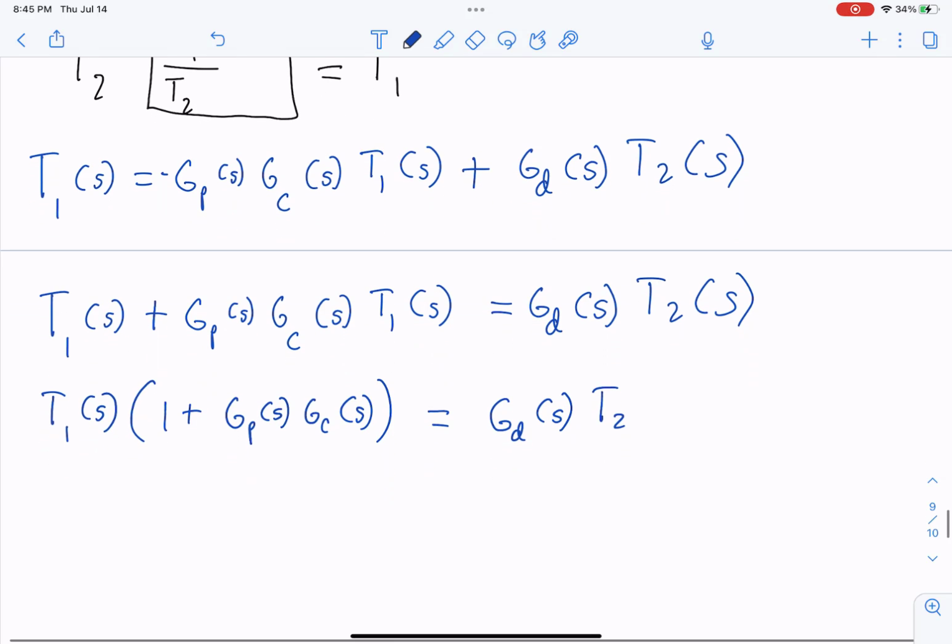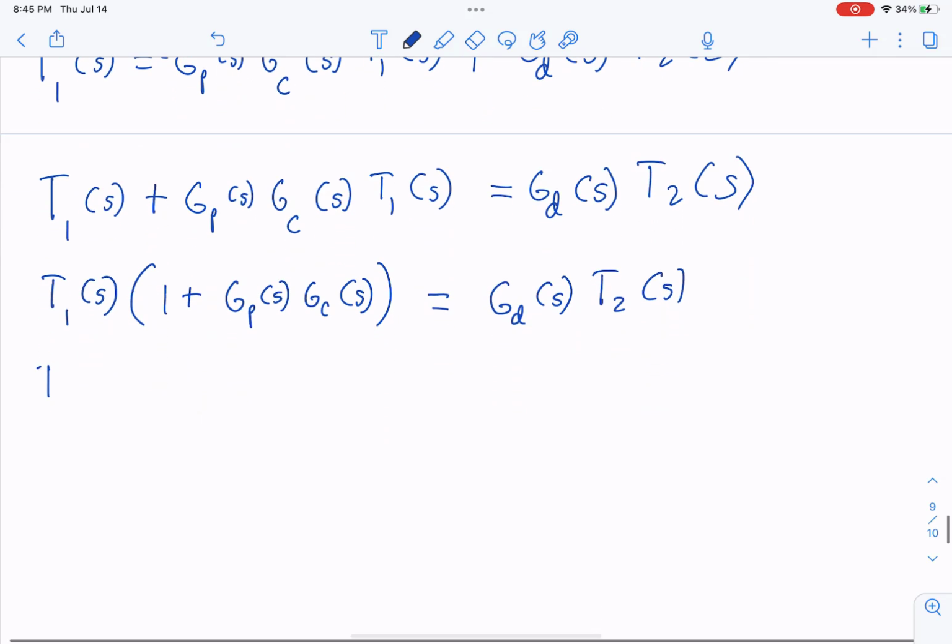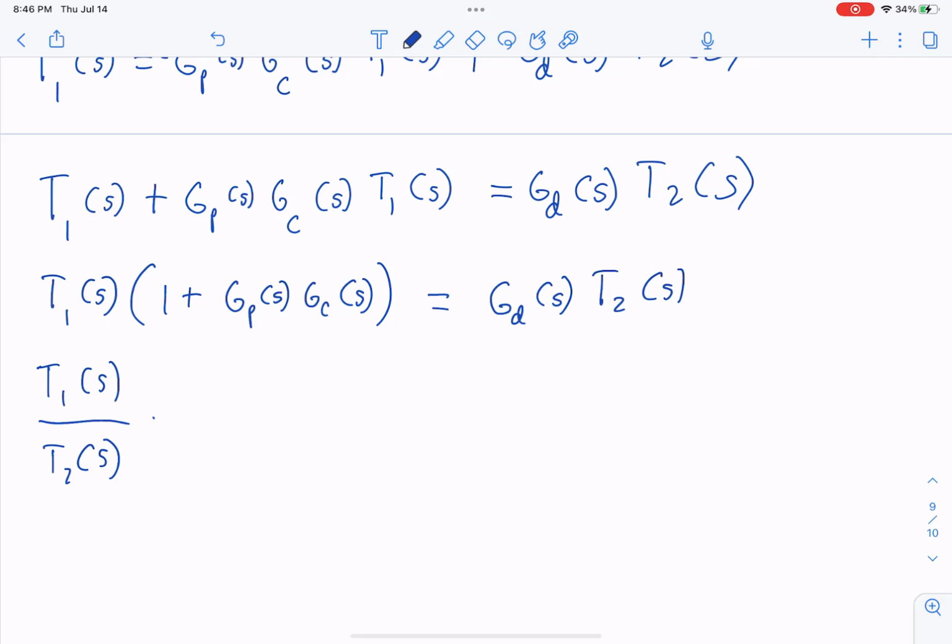Now what we wanted was T1 over T2, and so you can see we're pretty close actually. So T1S over T2S is equal to GD over 1 plus GPS GCS.